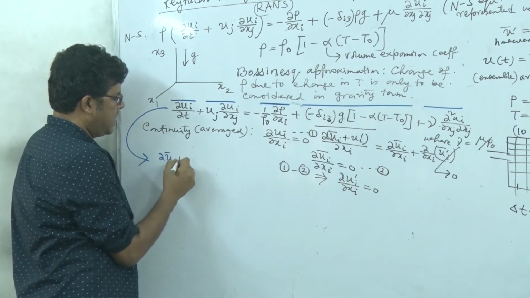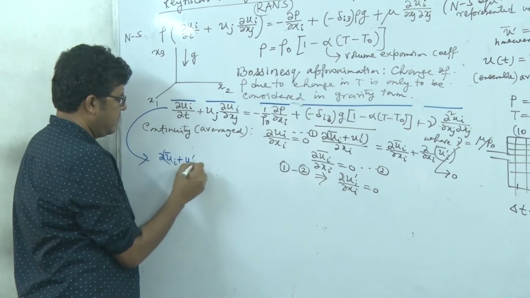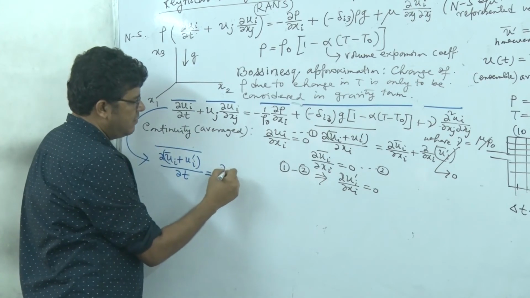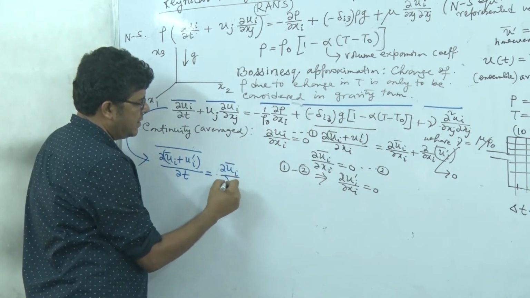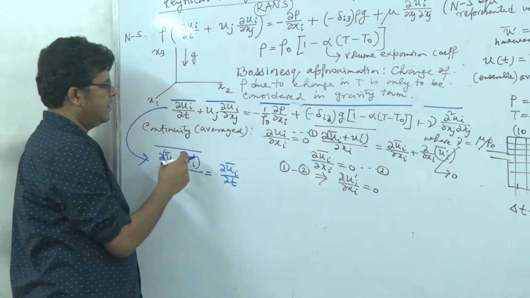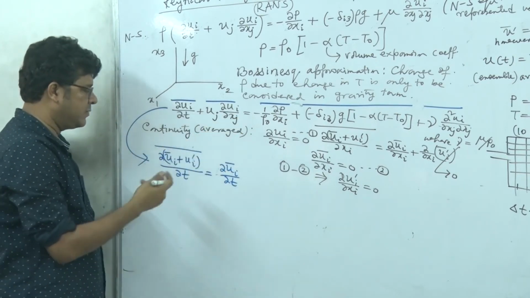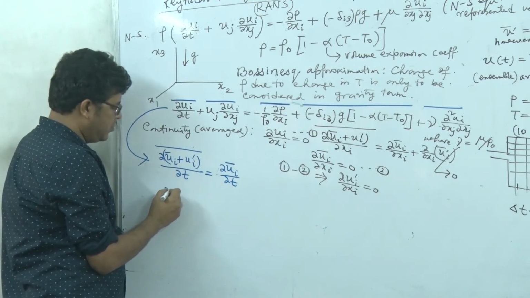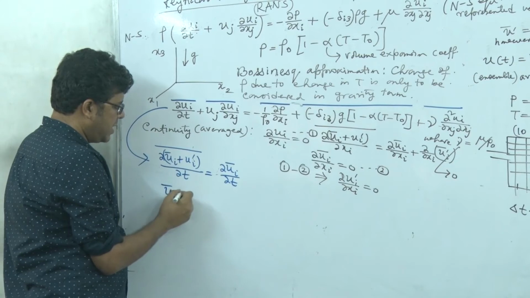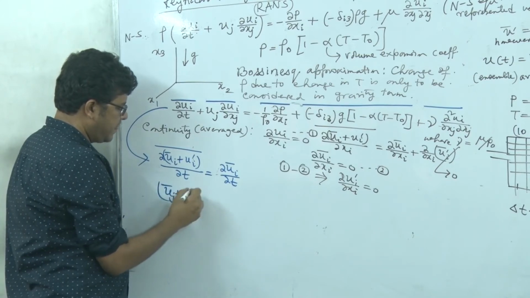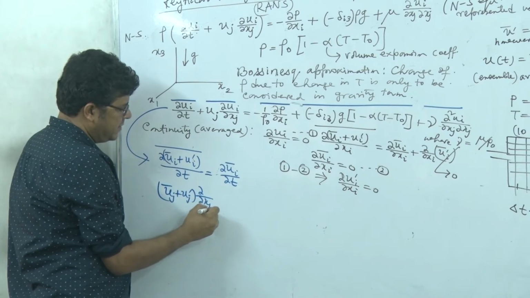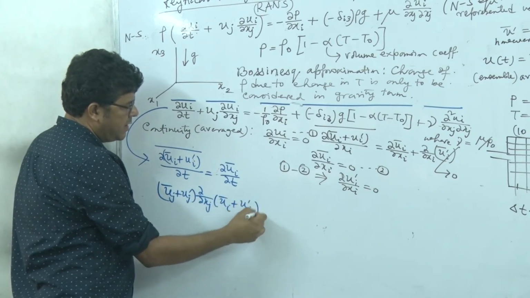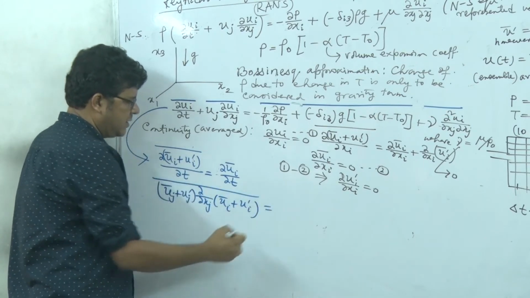Del of ui bar plus ui prime del t, the average of that will definitely be del ui bar del t, because the u prime average, just like previously, will be 0. Next, uj bar plus uj prime times del xj of ui bar plus ui prime, average of that.